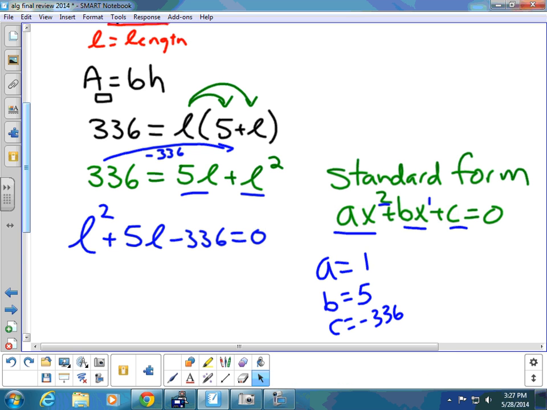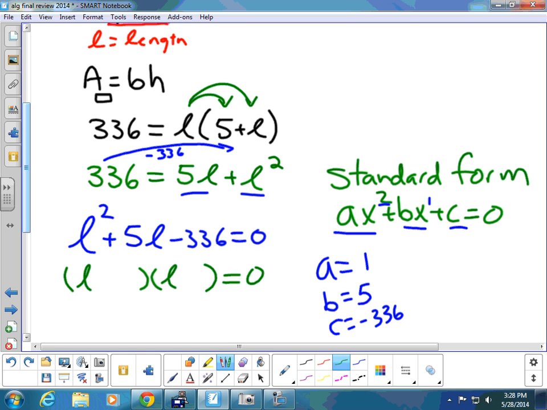Or you can factor this by trinomial, starts with 2 parentheses, use the chart. I believe we figured this out in the other class, and it was, I want to say, 21 and 16. So plus 21, minus 16. Now that might be tough for you. If it is, then use the quadratic formula.